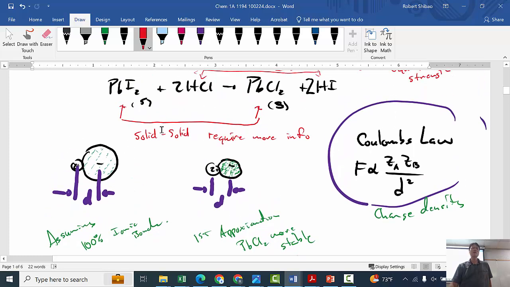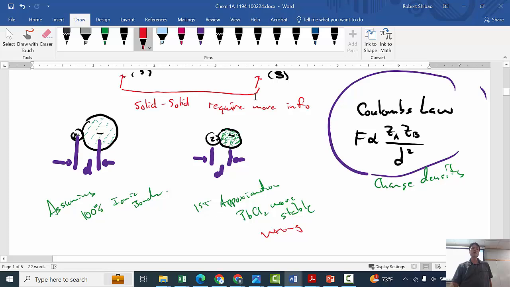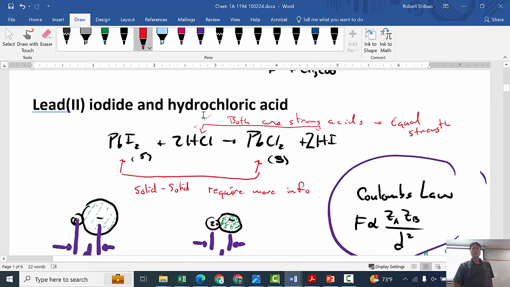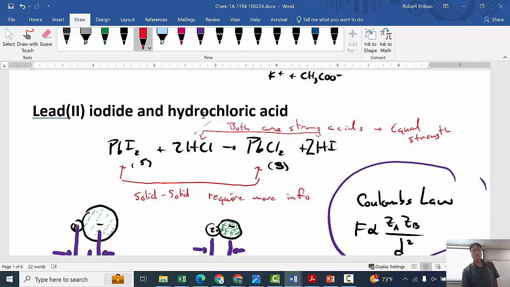This is why some heavy metals are not strong electrolytes. Some heavy metal salts, even if they're soluble, are weak electrolytes. But based on that observation, it turns out that this is more stable, and we got that because it's less soluble. More stable in water.